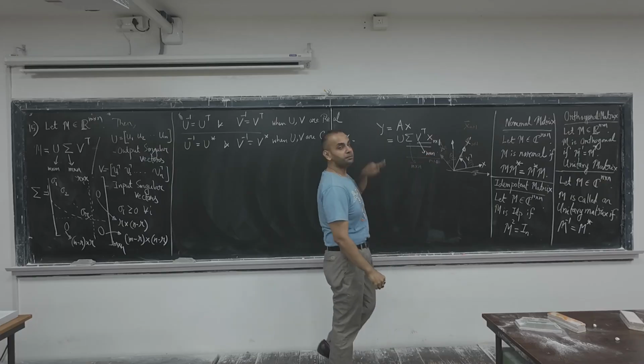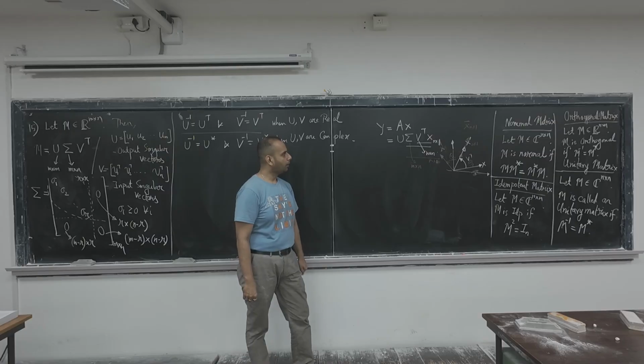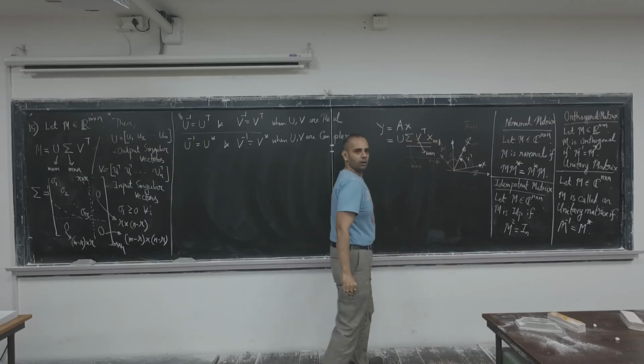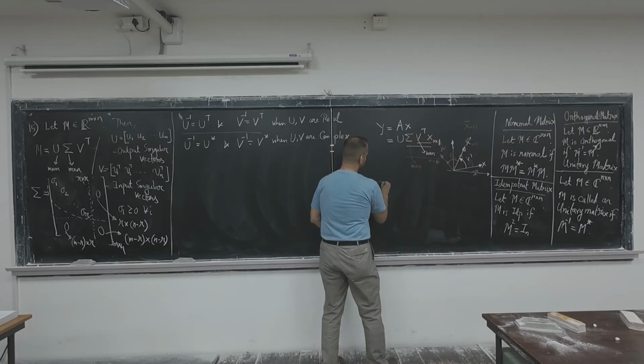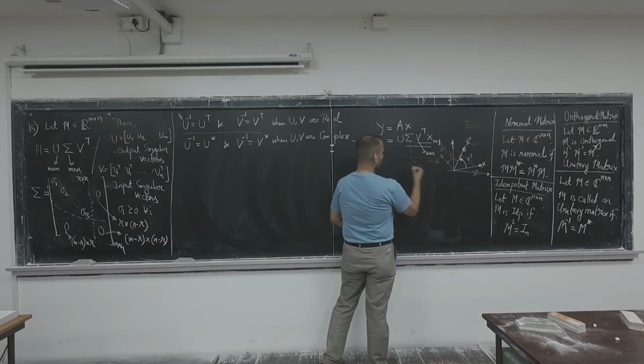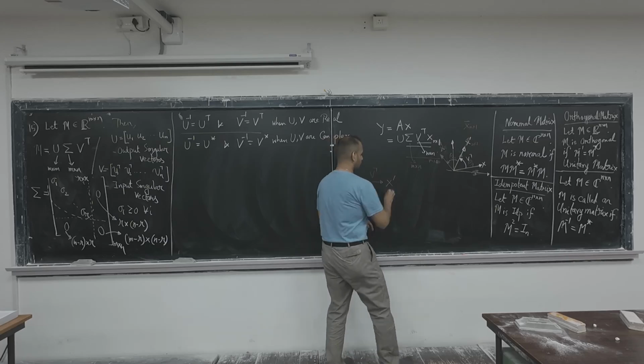X hat is nothing but Y. So from X we get X prime, that is because of V transpose.